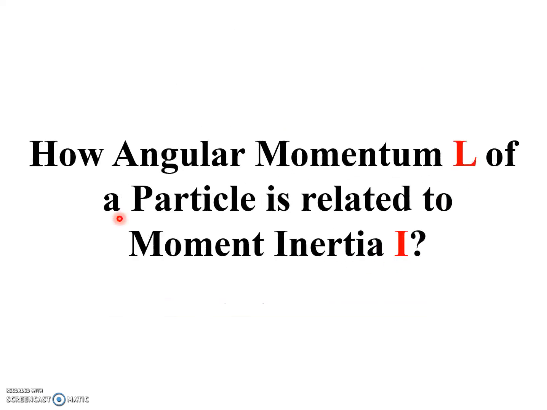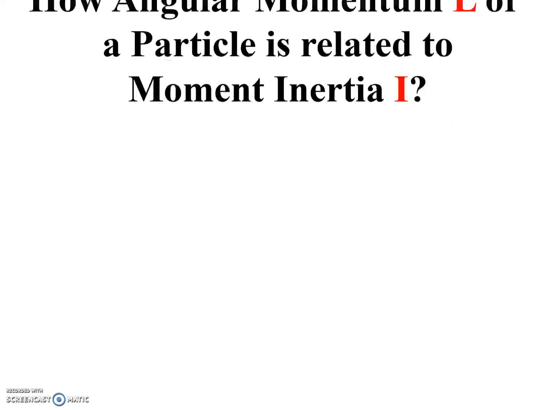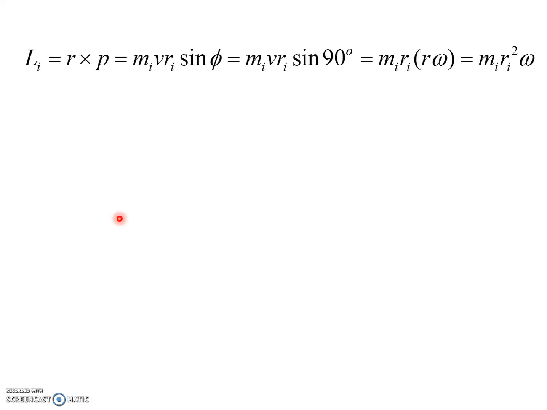How is angular momentum L of a particle related to moment of inertia I? We write L as the cross product of r and p, where p equals mv, and r cross p can be written as mvr sine phi, where phi is 90 degrees because r and v are perpendicular to each other. So sine 90 degrees is 1.